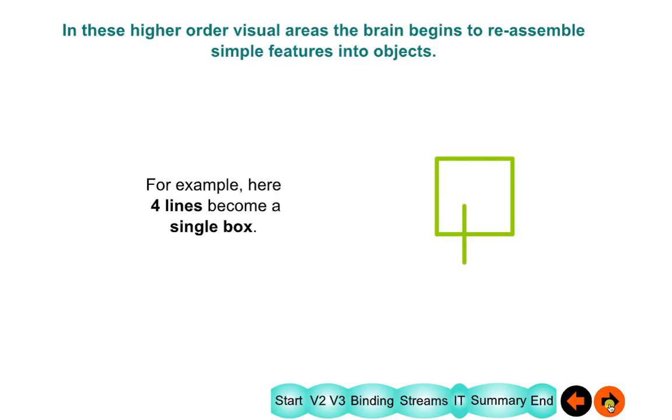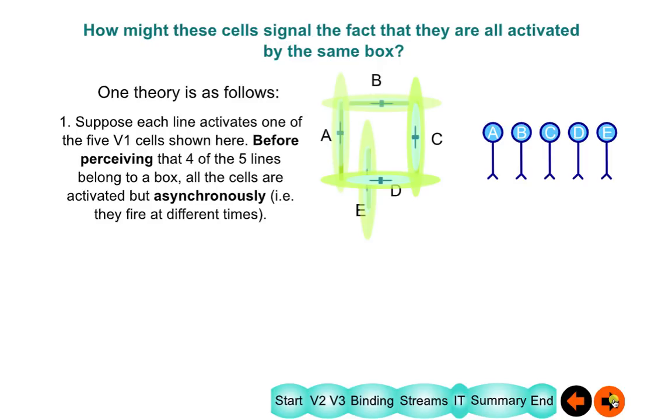And in these higher areas, they're trying to figure out what are the lines and what belongs together. Like these 4 lines might describe a box.